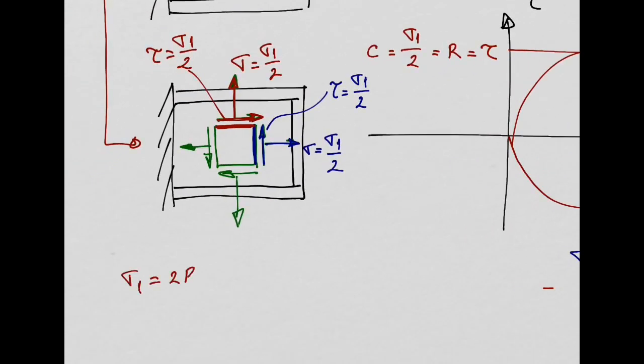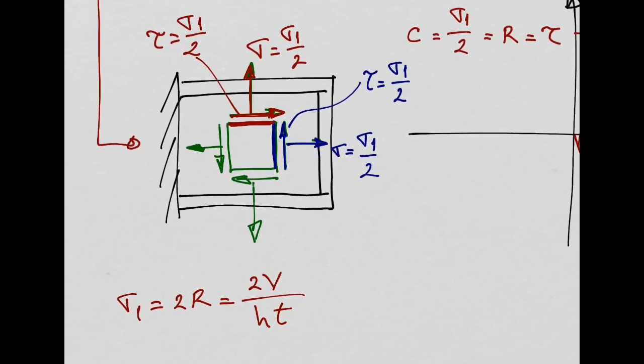Sigma 1 is going to be 2 times the radius, equal to 2 times the transverse shear force V over ht. Yeah? If I replace now this sigma 1 here, starting with this one, sigma 1 over 2, I will get here V over ht.